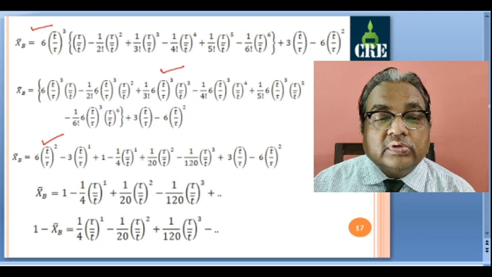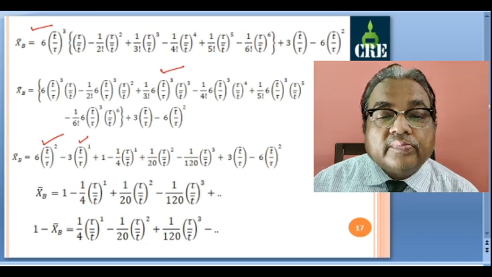Here 3 factorial is 6, 6 goes, and this term cancels out, reciprocals, so you get only 1.